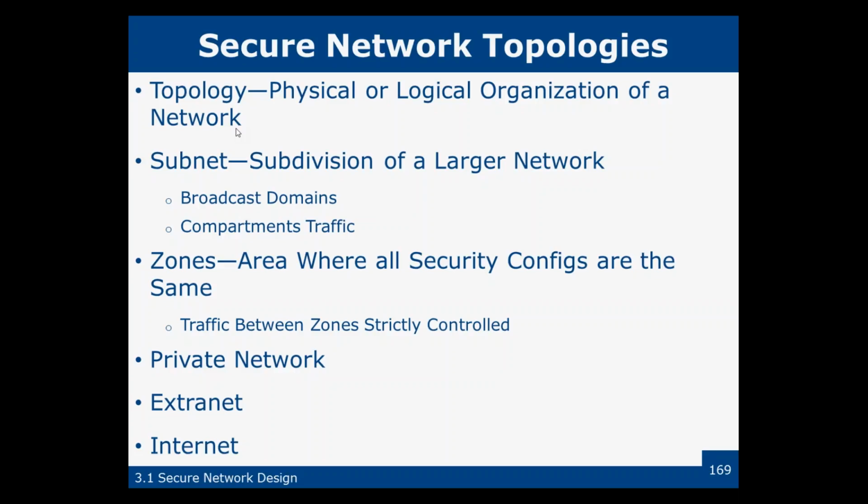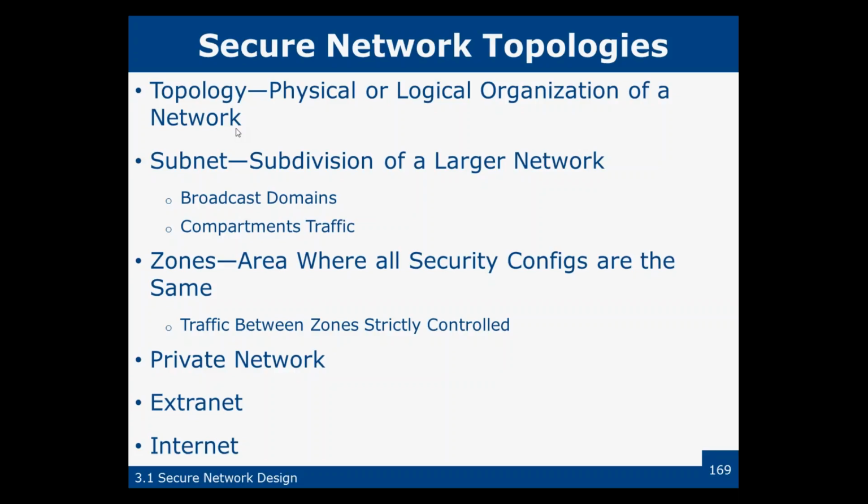Then we have the private network, which is our protected network, the one that our users are on and our resources are on. An extranet is where we would allow a different company or users from a different company access to some of our resources. And then the internet, of course, is the internet.